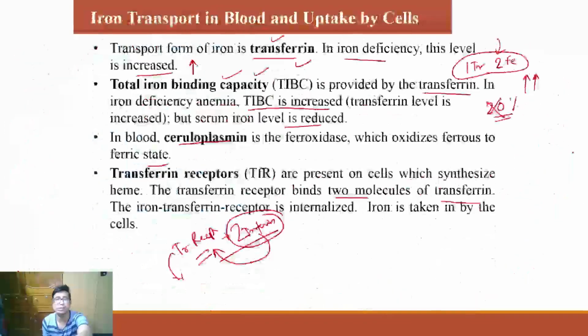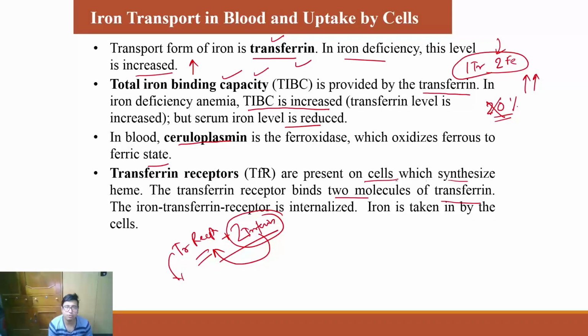So transferrin receptors are present on the cells which synthesize heme, that is, the erythroblasts and the erythrocytes. The transferrin receptor binds 2 molecules of transferrin, and the iron-transferrin receptor complex is then internalized. Iron is taken up by the cells. So this is the mechanism of iron transport and iron absorption from the mucosa to the cell.